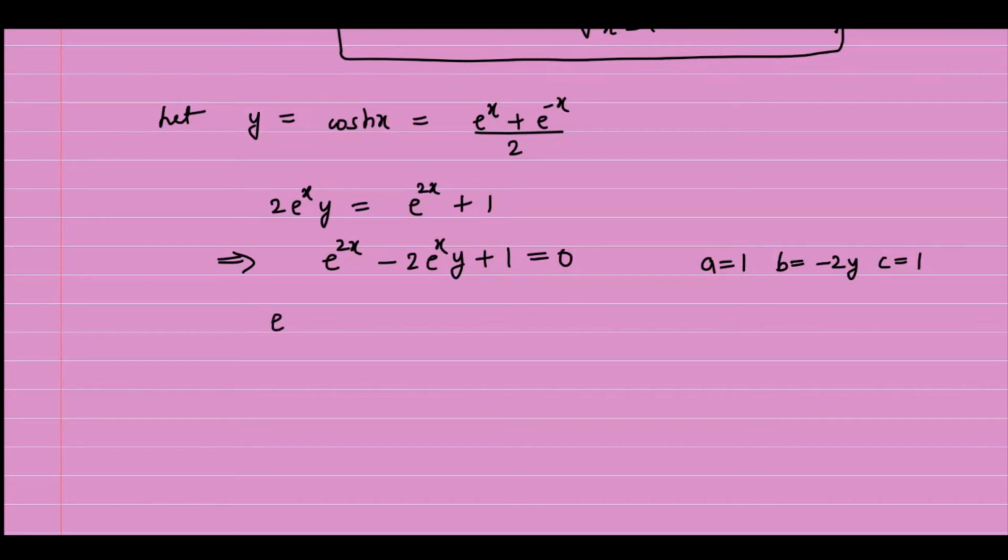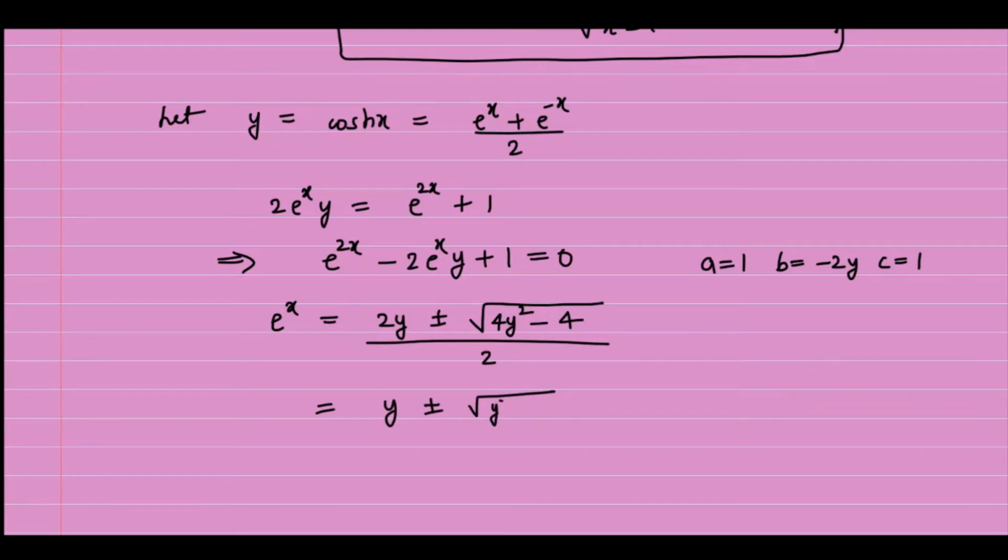So we get e raised to x equal to minus b, so 2y plus or minus root of b square, so it is 4y square minus 4ac, so minus 4, ac is 1, divided by 2a. So 2. So inside the square root we can take 4 outside, so 2 will get cancelled. So this implies y plus or minus root of y square minus 1.